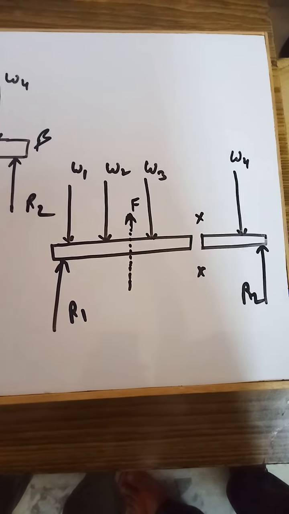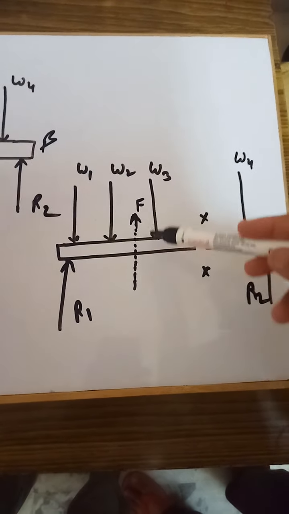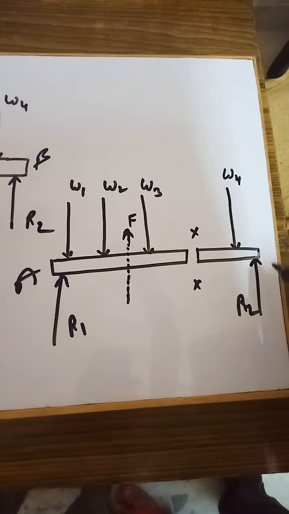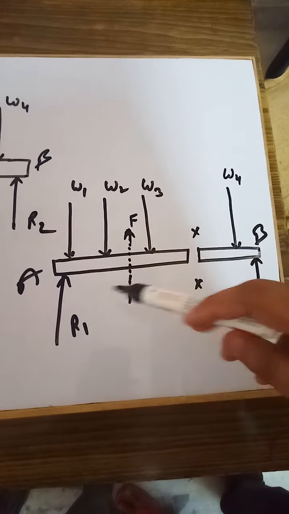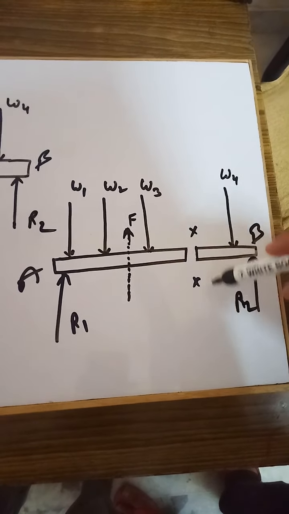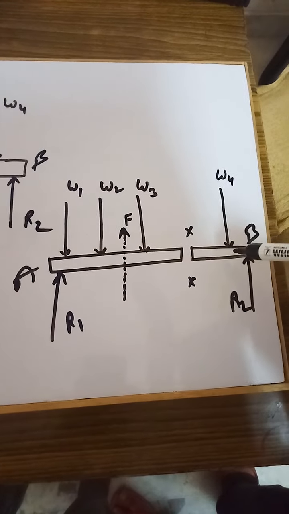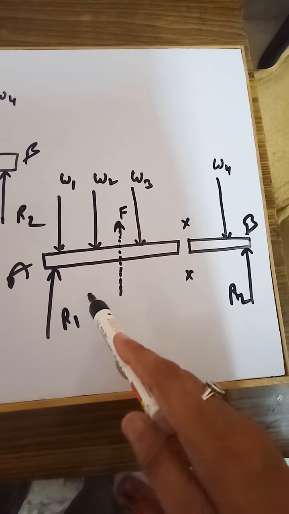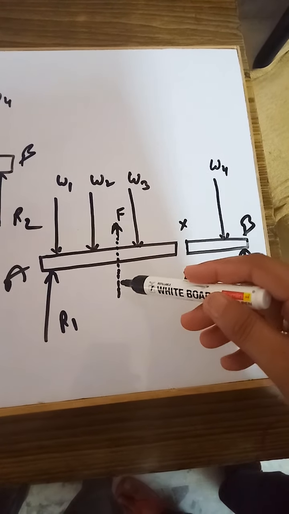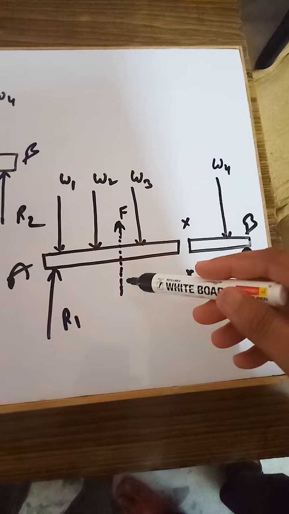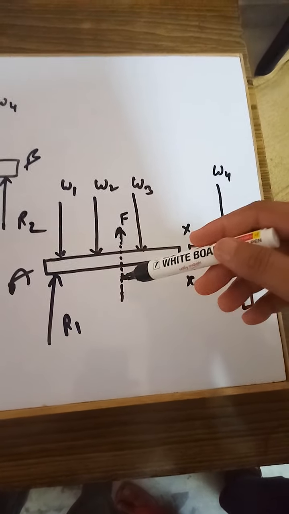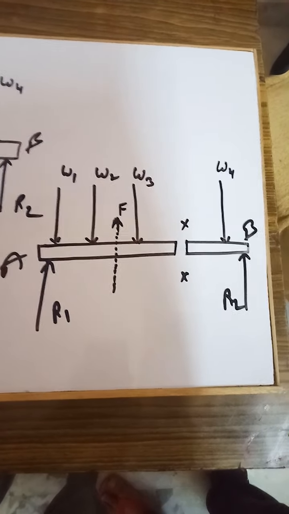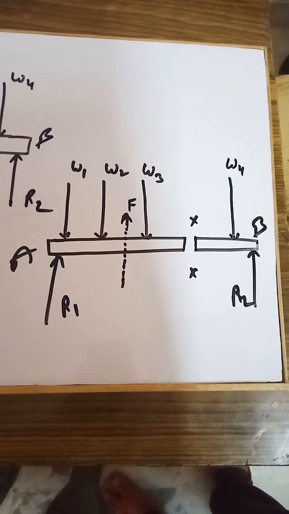It may be a downward force, but here we are assuming it is upward. If this is the beam AB and it is cut at this point, we have this particular section and this particular section. From this XX section, on the left side, we are assuming that the force working on this section is in the upward direction. Also the beam is in equilibrium.